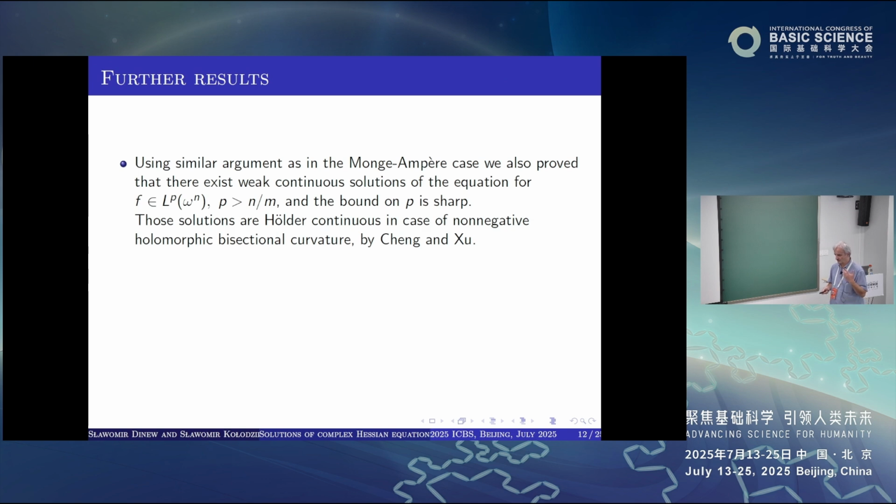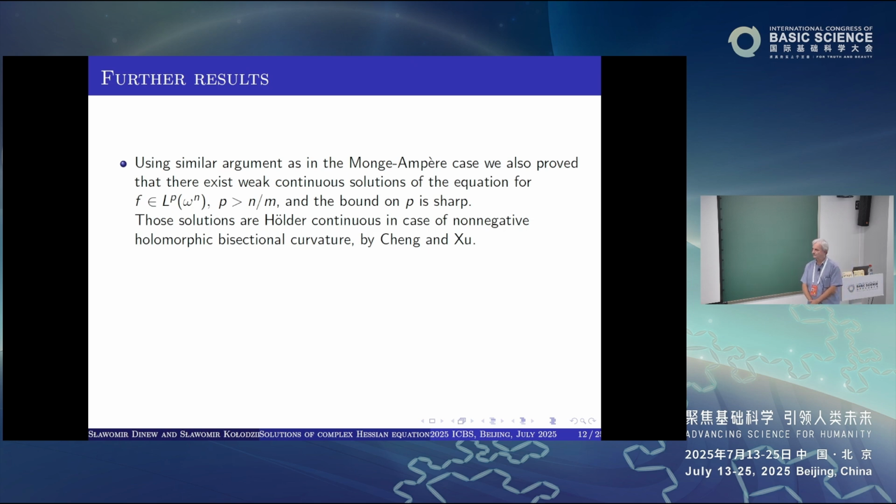There is a problem of regularization. I think it was mentioned today in the first talk that sometimes, having a weak solution, meaning non-smooth, you approximate it by a sequence of smooth solutions. And the methods which work for Monge-Ampère do not necessarily work here.